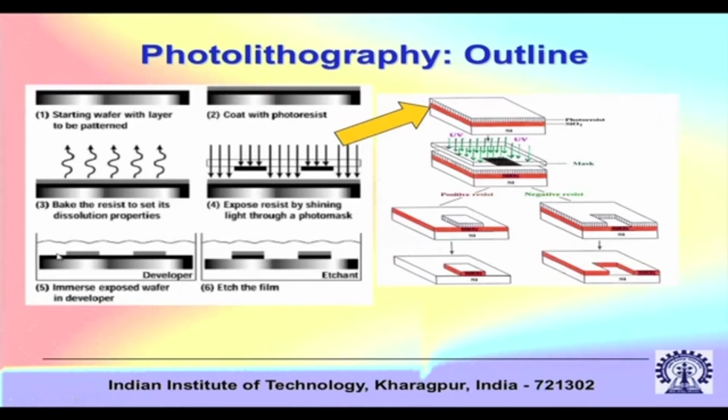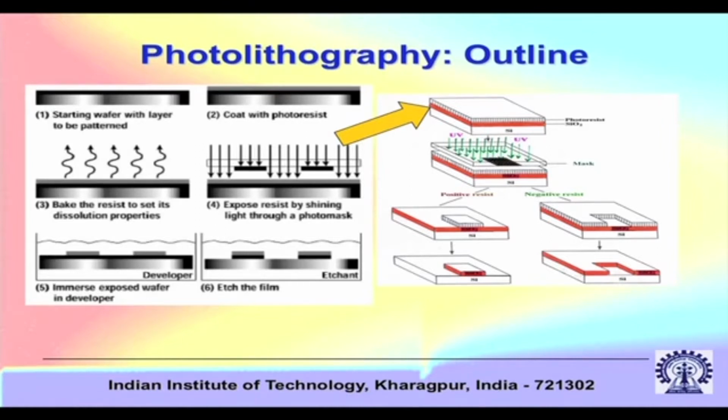This part of the photoresist was not exposed, it is below this black region. But whatever was exposed, when you develop it in a developer, that exposed part is gone. That is a special type of photoresist.